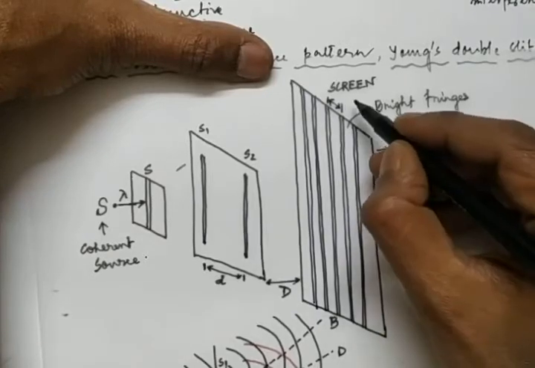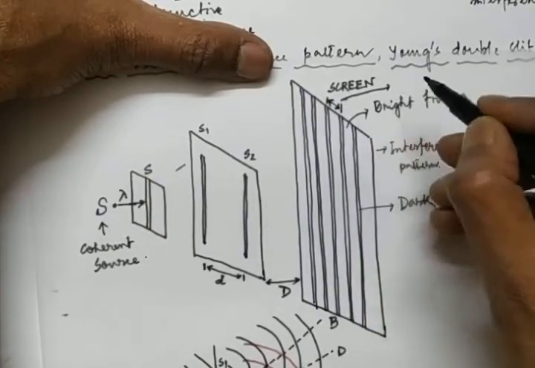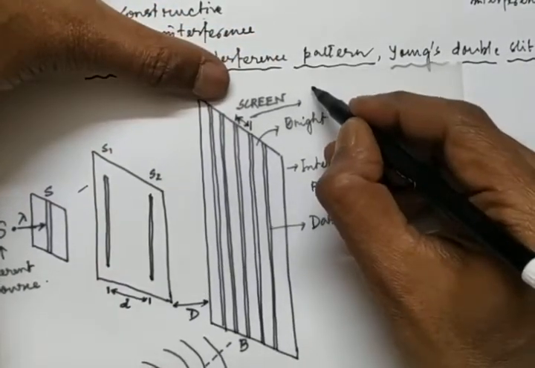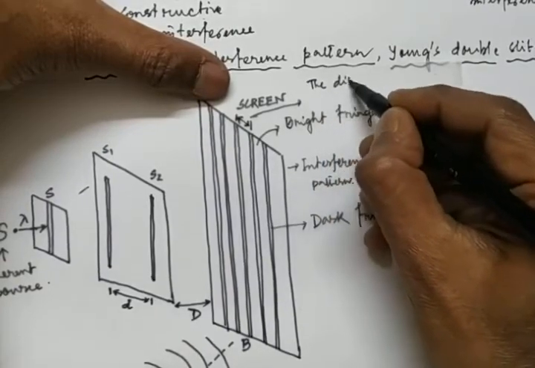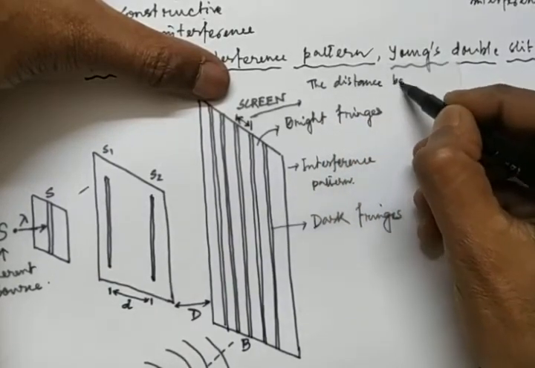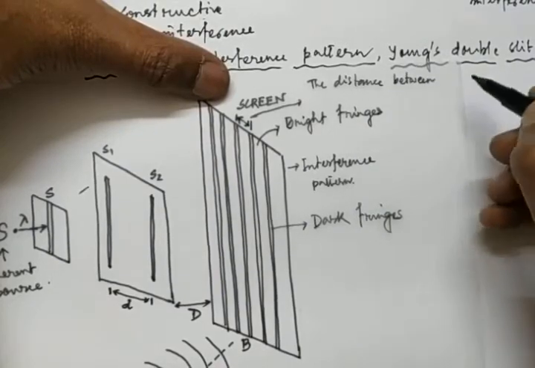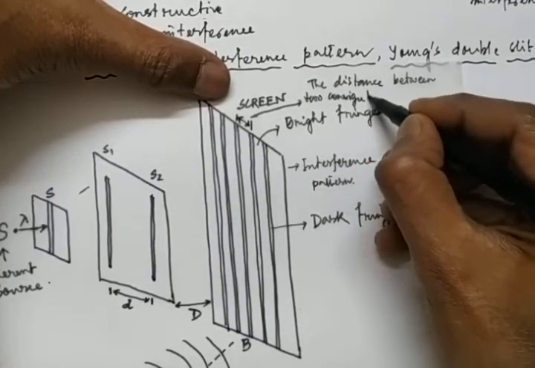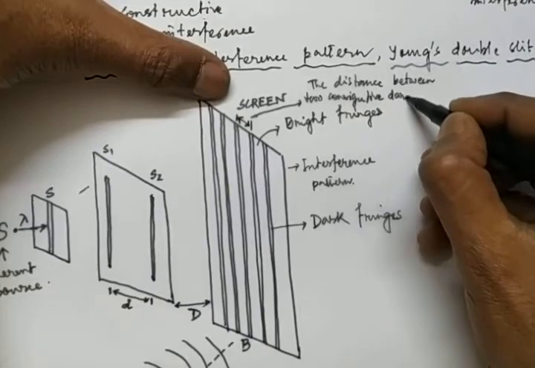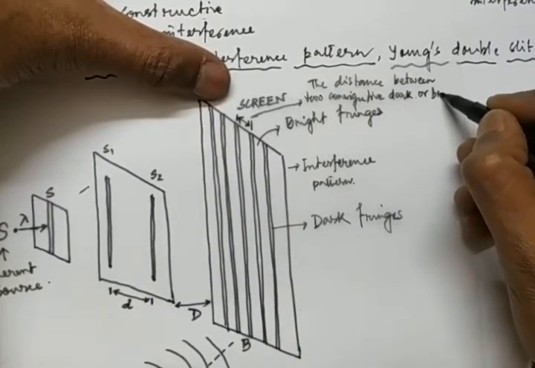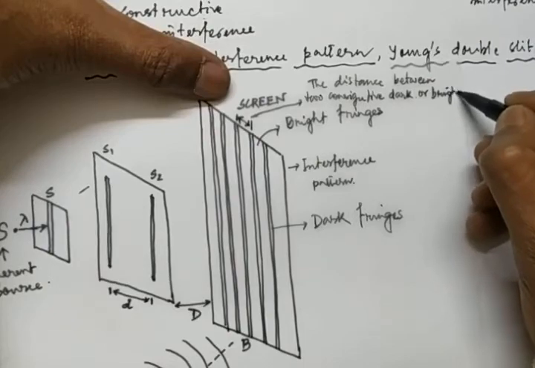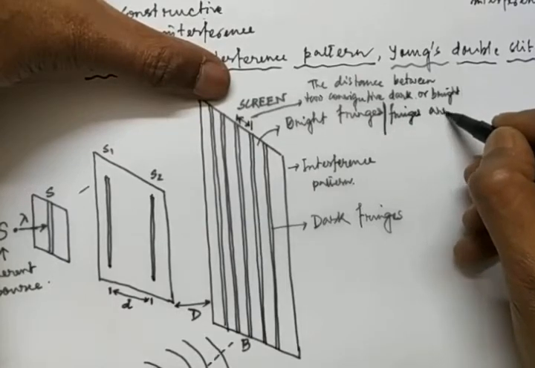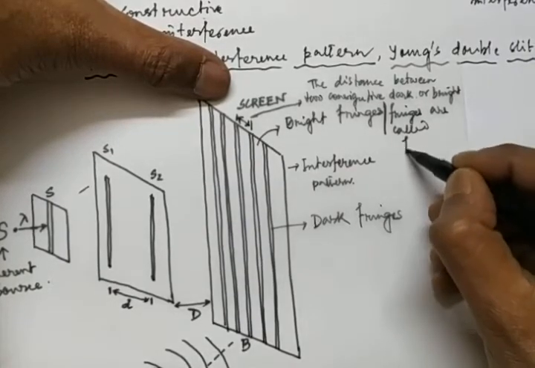So I can write it like this. The distance between two consecutive dark or bright fringes is called fringe width.